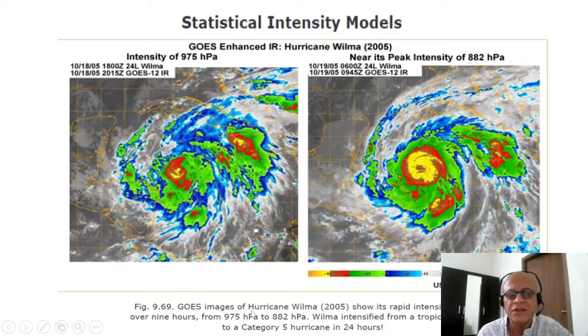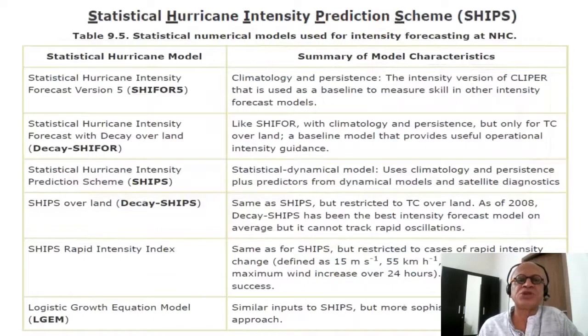You can see that GOES images of Hurricane Wilma 2005 show its rapid intensification over 9 hours, from 975 hectopascal to 882 hectopascal. Wilma intensified from a tropical storm to a Category 5 hurricane in 24 hours. Talk about rapid intensification. Statistical models do not have that in the database, so they cannot be expected to capture that kind of intensification.